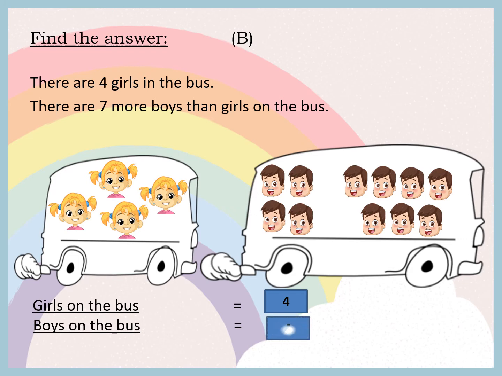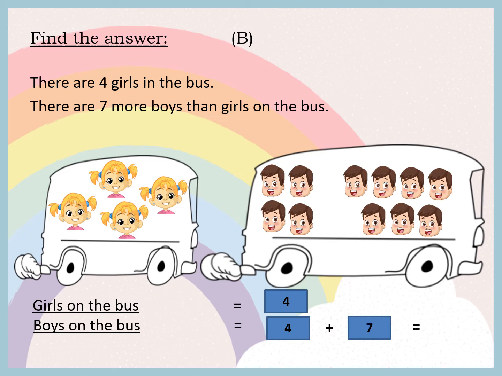So boys on the bus, there are 4 plus 7 more. Now let's try to answer the question. Let's count. 1, 2, 3, 4, 5, 6, 7, 8, 9, 10, 11.